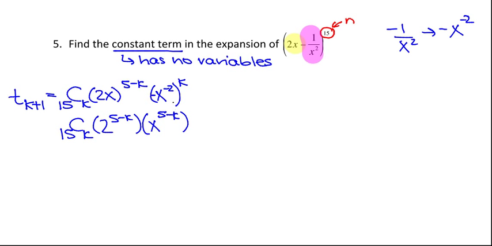I'm going to do the same thing over here with my next term. This negative right here, I'm going to treat as negative 1, which it is, to the power of k. And then I'm going to have x to the power of negative 2k. So let's see if I can add some color to make it easier to see. How about lines?